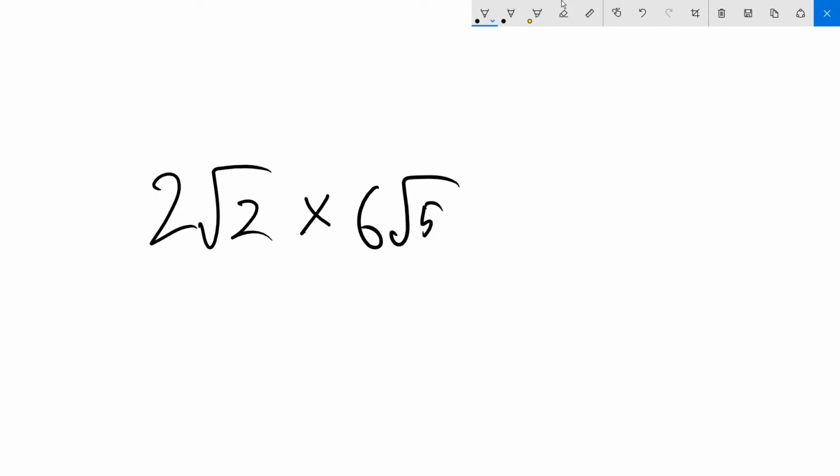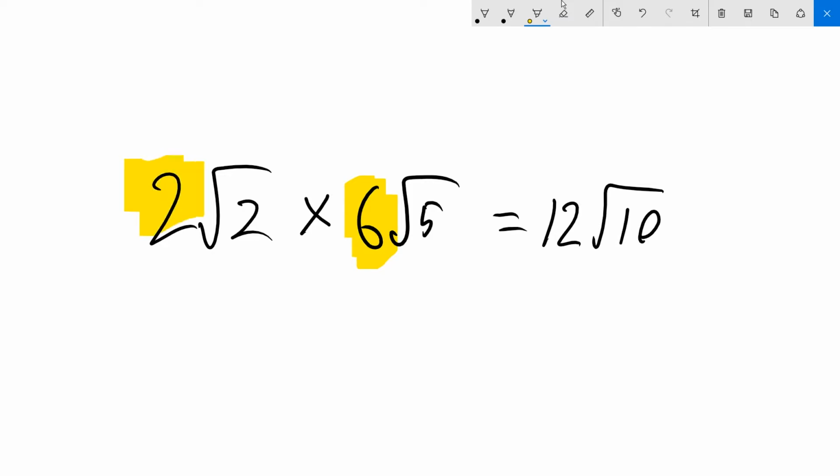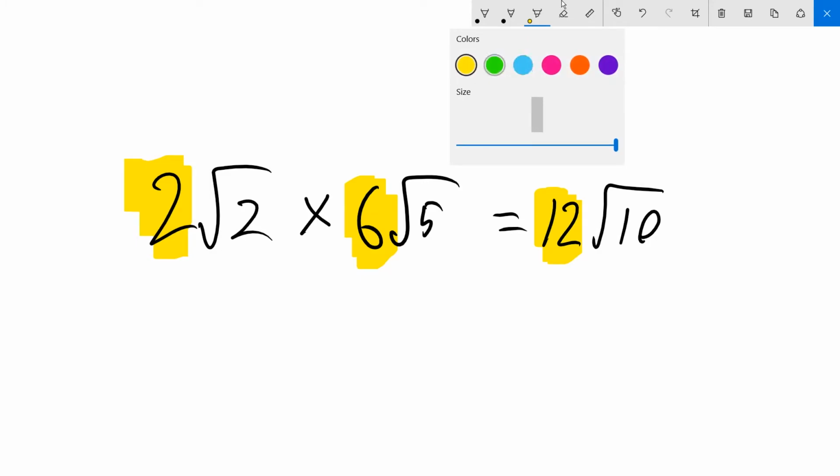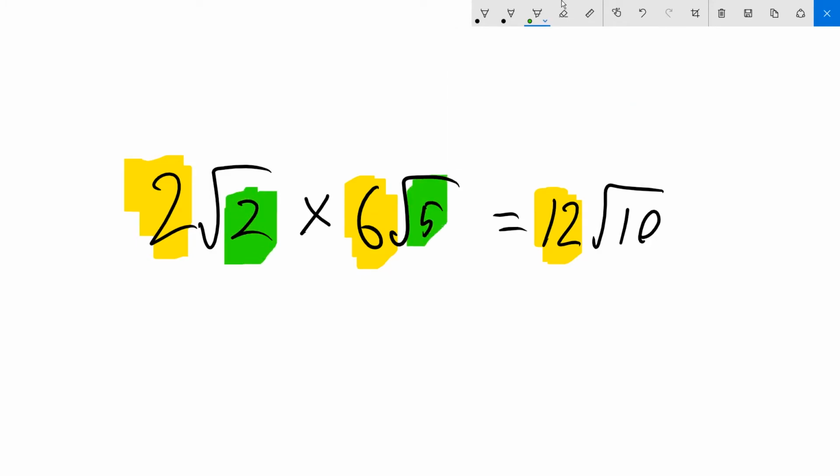With any surd, you times the inside of the root together, so 2 times 5 is 10, and the outside of the surd together, so 2 times 6, which is 12. As you can see here, we took the 2 and the 6 and turned it into a 12, and we took the root 2 and root 5 to get the root 10.